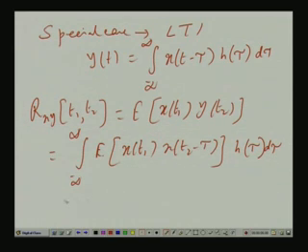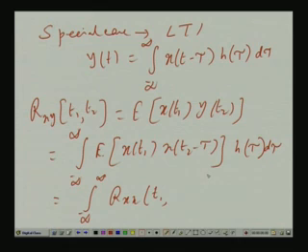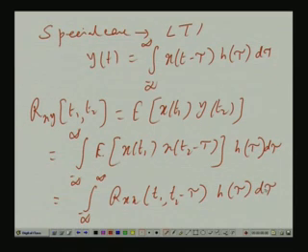And what is this function? This is R_xx(t1, t2 minus tau).